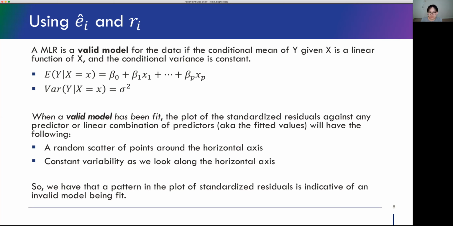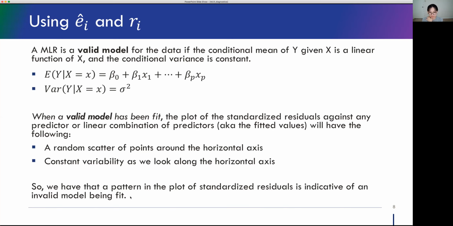The plot of these standardized residuals will have constant variance as we look along the horizontal axis. We have checked this before, but there is no particular pattern for the standardized residuals when we plot them against the predictors or fitted values.